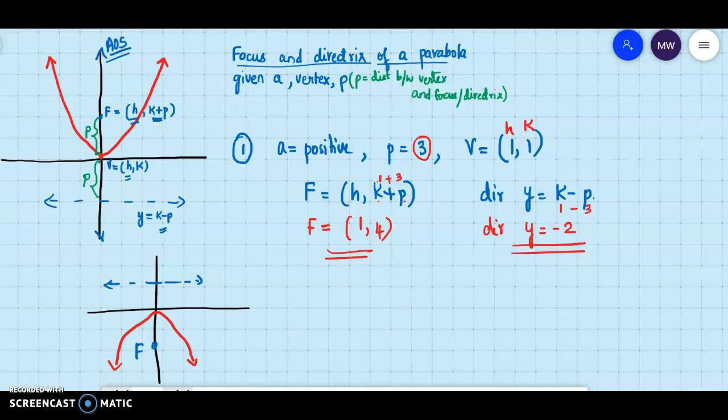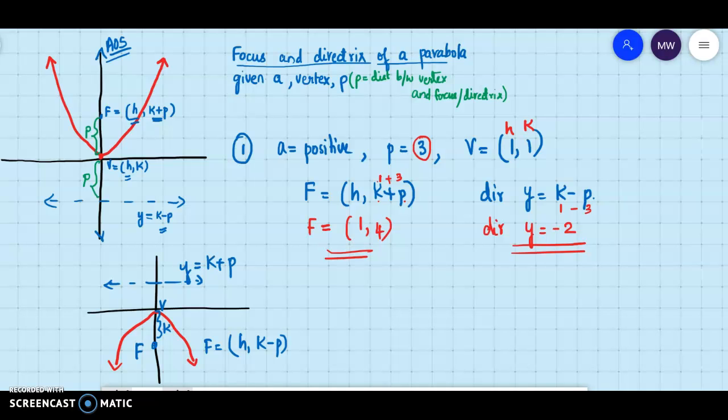So the only difference here is that the focus, instead of being h and k plus p, because k points below from the vertex, it will be k minus p. And the directrix, instead of being k minus p, it will become k plus p because it is above the vertex. So that's the only difference.